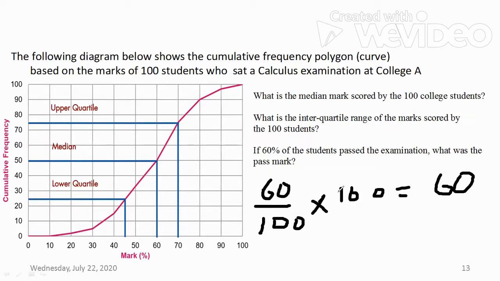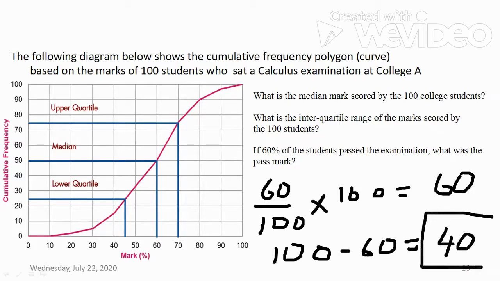Because it's a cumulative frequency curve, what we need to do is to subtract the 60 from the 100, and that will give us what? 40. So in other words, 40 students actually passed the test.